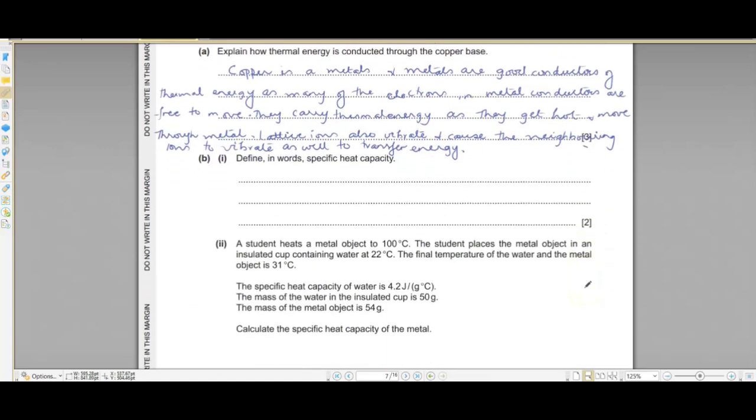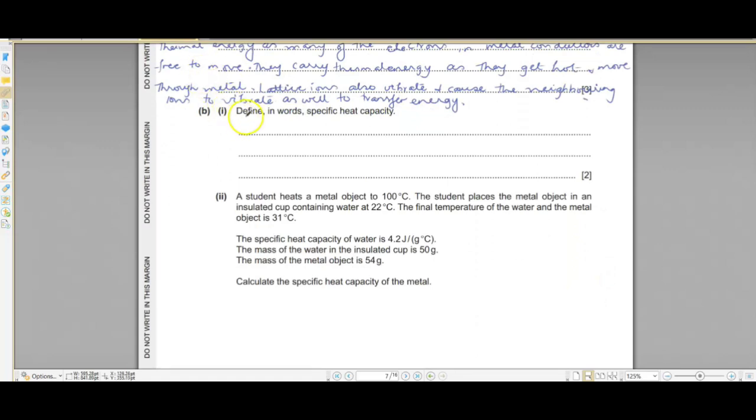Okay. Part B, the first part: define in words specific heat capacity.